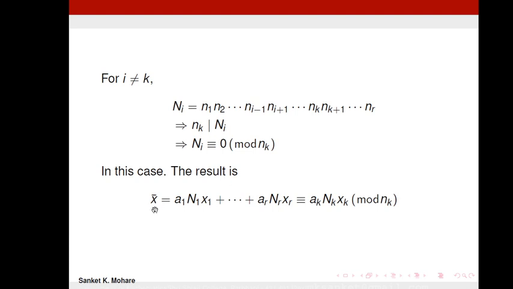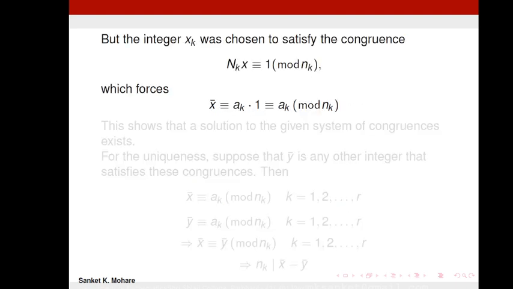In this case, we obtain the result x bar is congruent to a_k n_k x_k modulo n_k, but the integer x_k was chosen to satisfy the congruence.